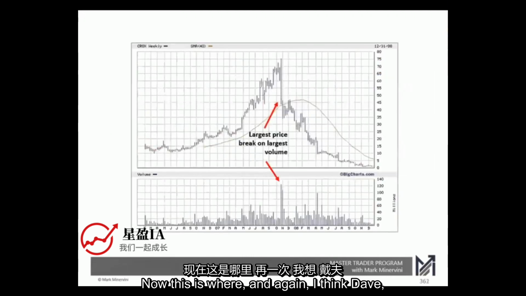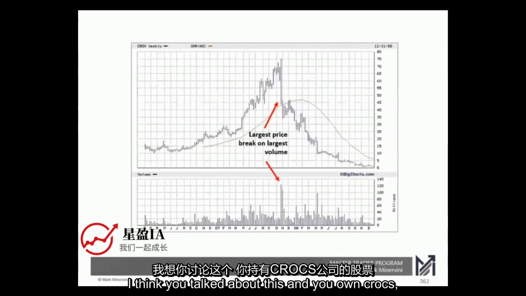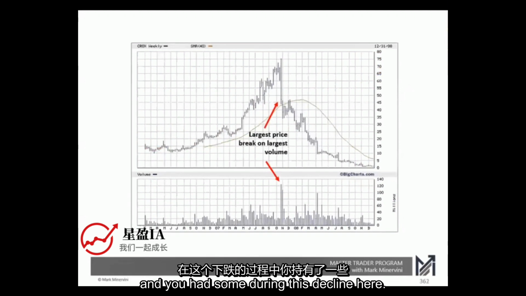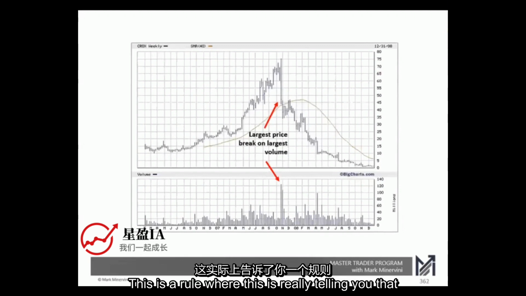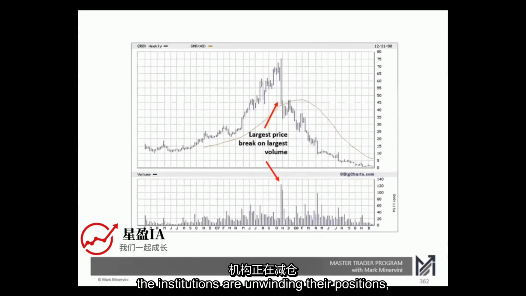Now, this is where, and again, I think, Dave, you talked about this, and you owned Crocs, and you had some during this decline here. This is a rule that is really telling you that the institutions are unwinding their positions and they're running for the exits en masse.